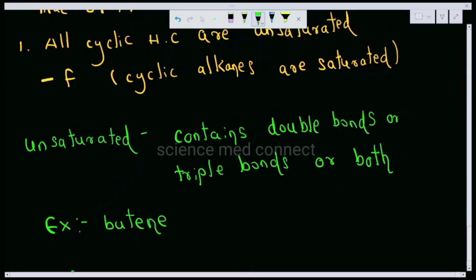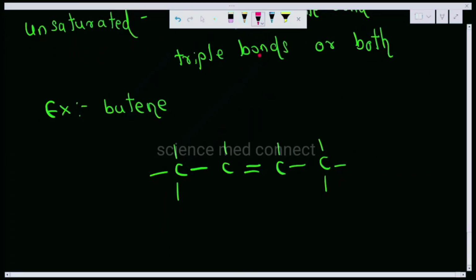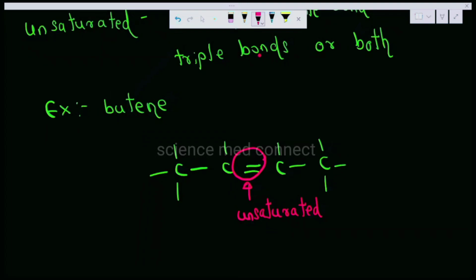Butene. Butene is an unsaturated hydrocarbon. You can see in this structure, butene contains a double bond between carbon atoms. So you can say butene is an unsaturated hydrocarbon.